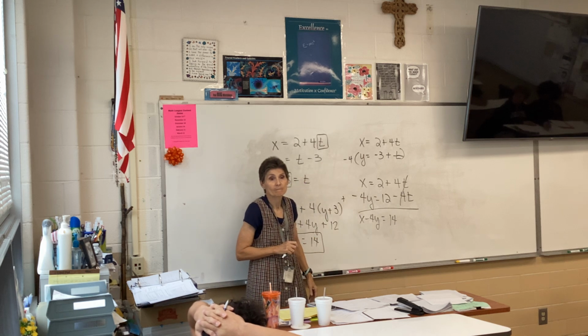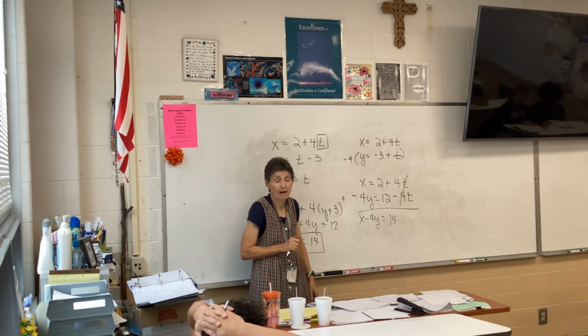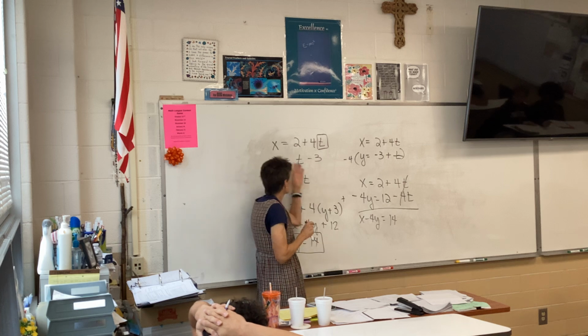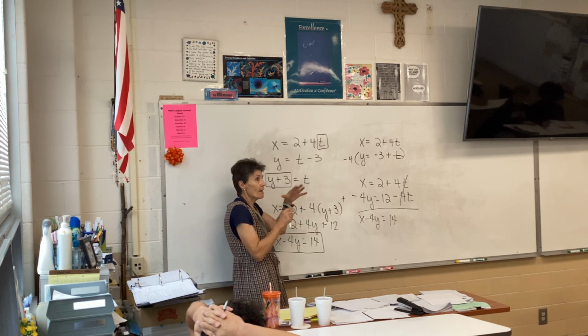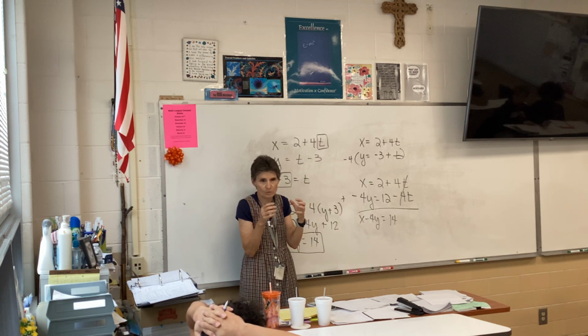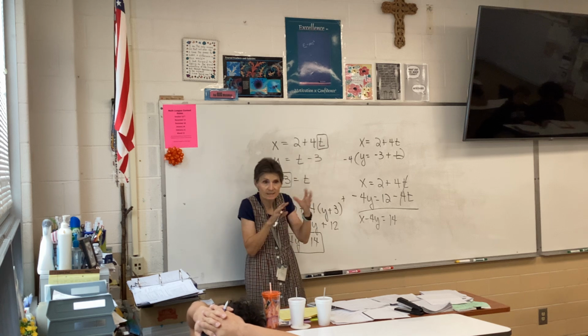If you have to make a graph, what will the instructions say? Isn't there part of this problem where you make a graph? In the notes and the homework, yeah. So here are your parametric equations, and then it gave you some t values, like t is 0, t is 1, t is 2.